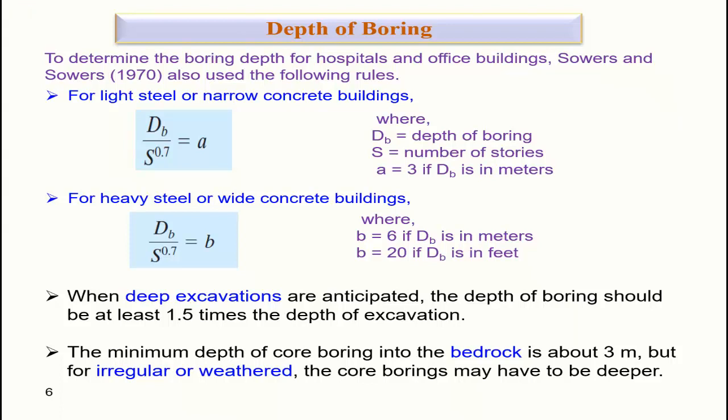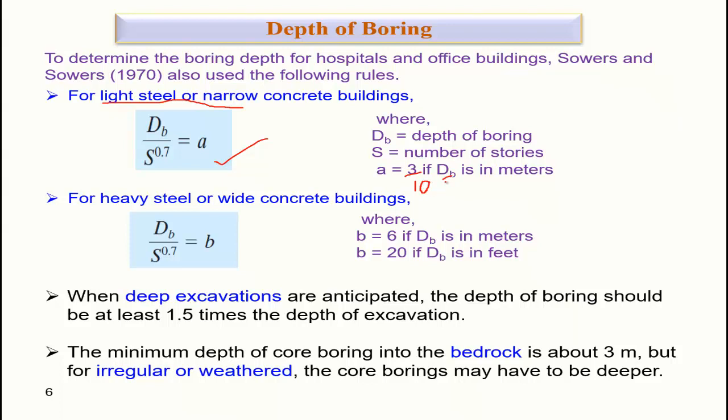If your structure is a steel or narrow concrete building, you use this formula where Db is the depth you are looking for, S is the number of stories, and a is the empirical value, which would be 3 if your values are in meters, or 10 if you want to find Db in feet.